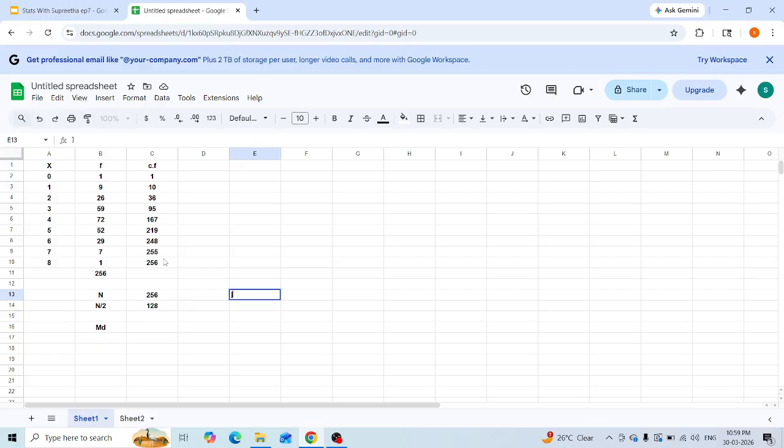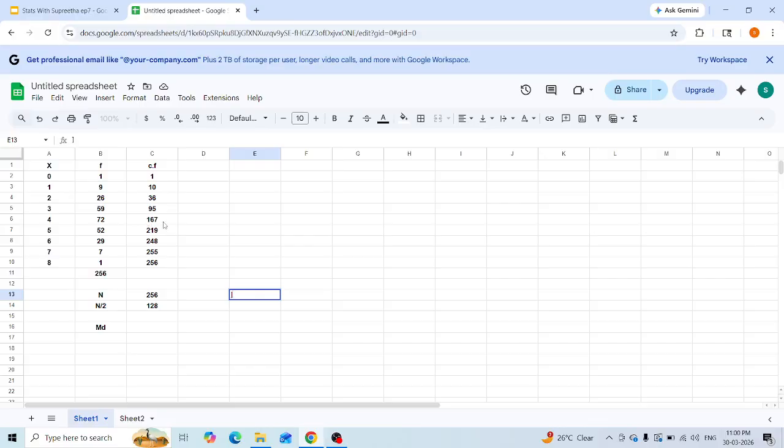So now, the sum of f is already given in the question, that is 256. Now to find the median, we need to find n by 2, that is 256 divided by 2, that is 128. Now see the cumulative frequency just greater than n by 2, that is, greater than 128 is 167.